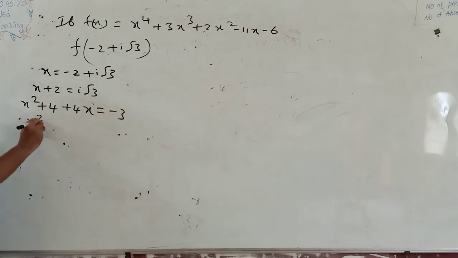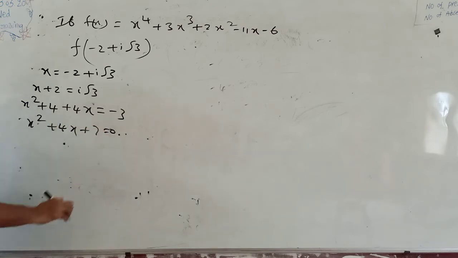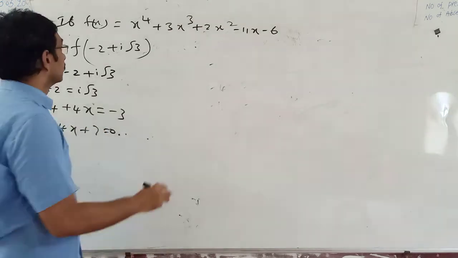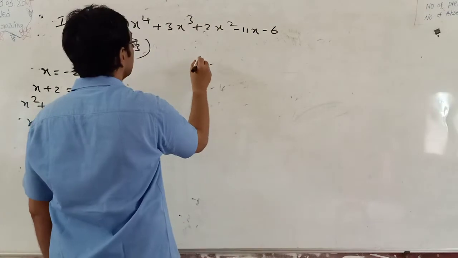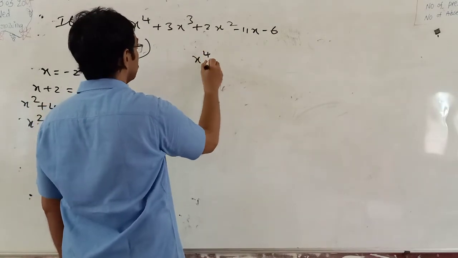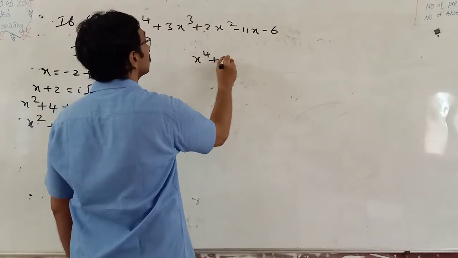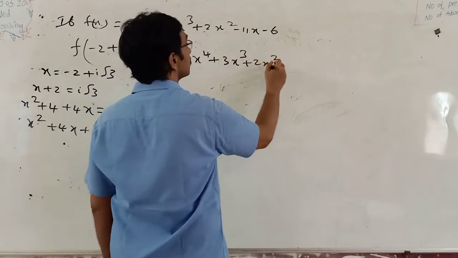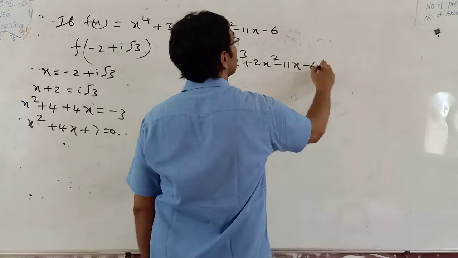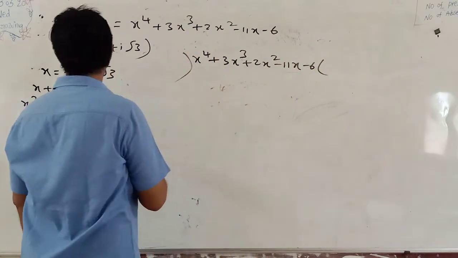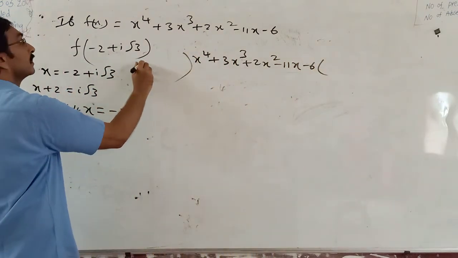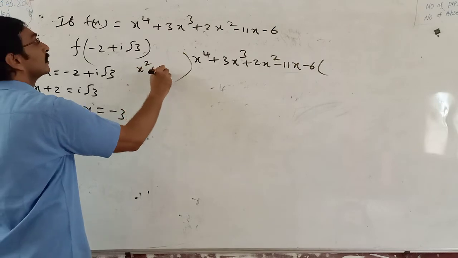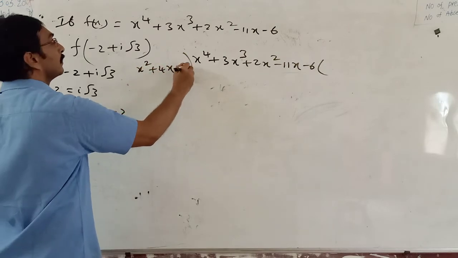Send to the left side: x squared plus 4x plus 7 equals 0. So I am using the third method. Divide x power 4 plus 3x cubed plus 2x squared minus 11x minus 6 with this second degree expression x squared plus 4x plus 7.